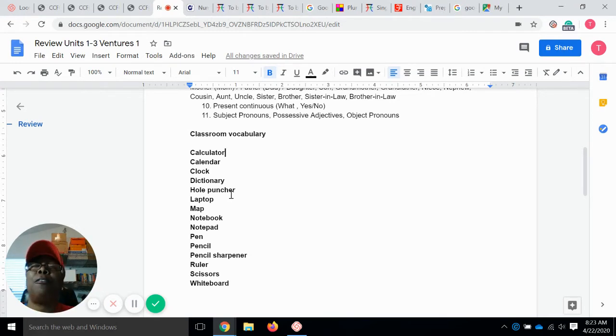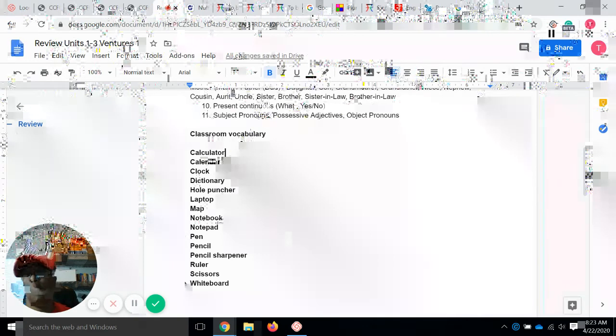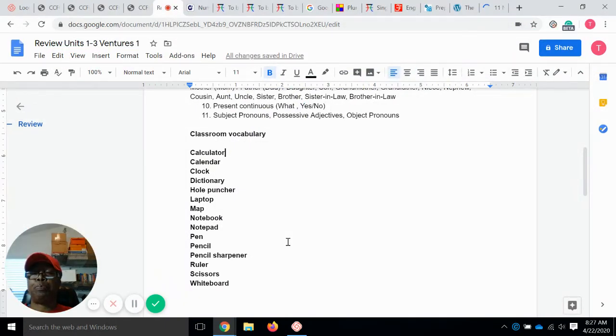Some nouns have different rules to make them plural. But for a lot of nouns, to go from singular to plural, you simply add an S, okay? So we're going to look at a little rule about changing a noun from singular to plural.